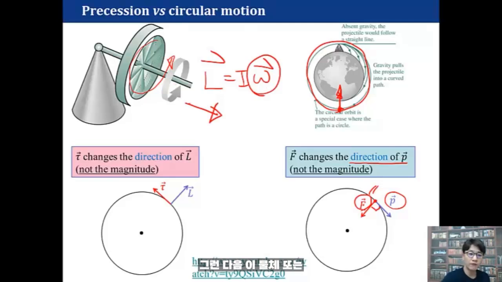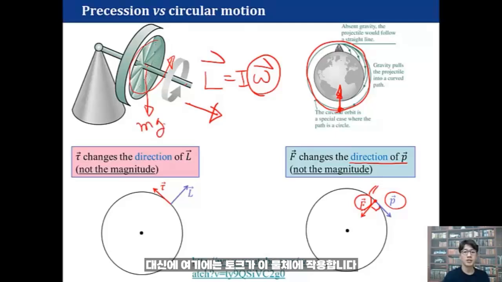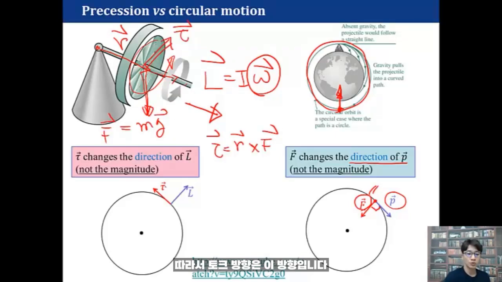Then if any force acts on this rotating object, for example mg, a torque acts on this object, right? Torque is r cross F. So the torque direction is this direction. Angular momentum is radially outward.